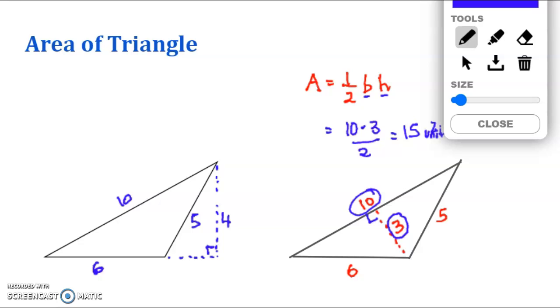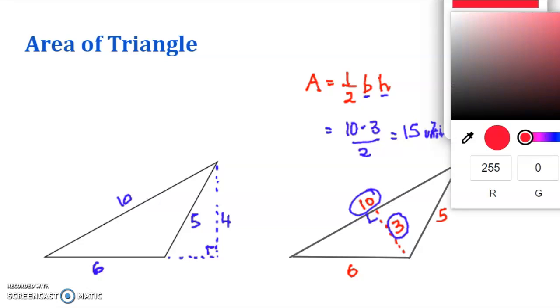Again, the length is outside the triangle. However, this is still the height of the triangle. So what is the length that is perpendicular to this length? It is this one, and it is inside the triangle. That's the base times height. So in this case, area is going to be 6 times 4 divided by 2, which is 12 unit square.